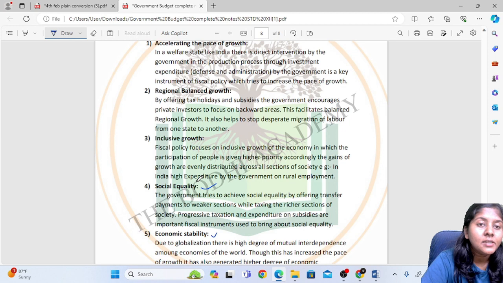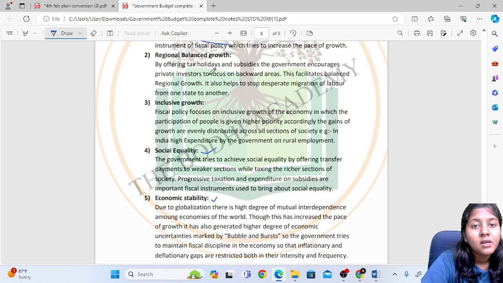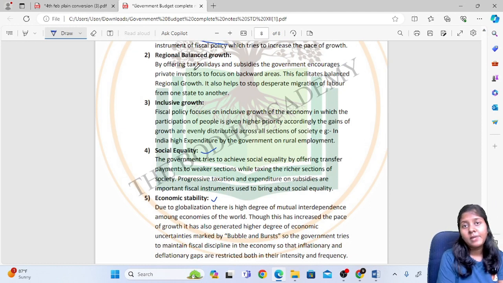Accelerating the pace of growth: in a welfare state like India, there is a direct intervention by the government in the production process through investment expenditure, defense and administration, which is a key instrument of fiscal policy that tries to increase the pace of growth. Then balanced growth helps to stop distress migration of labor from one state to another.